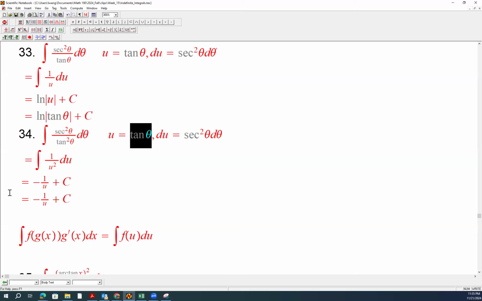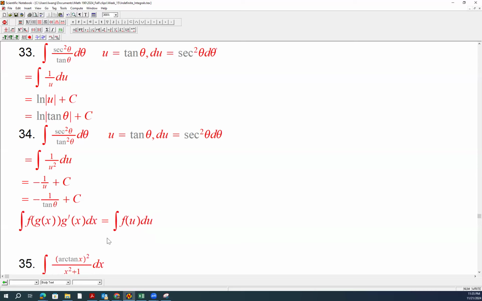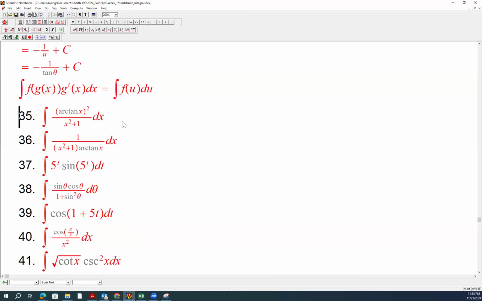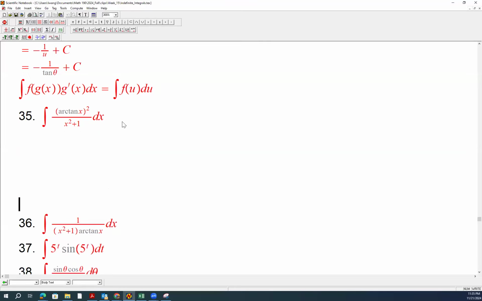So tangent theta, replace u. Okay? Finish. And number 35 is also pretty straightforward, but I still recommend you practice it because I'm going to just have the work shown here.